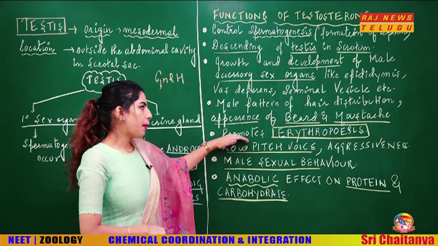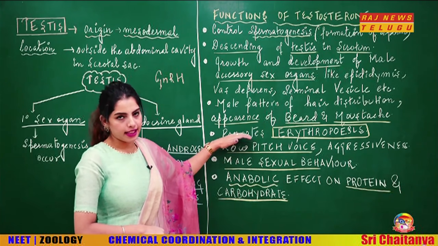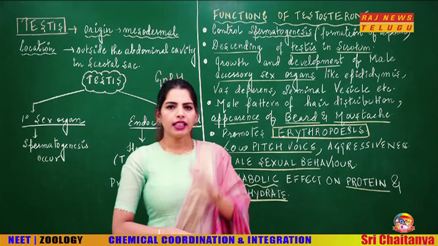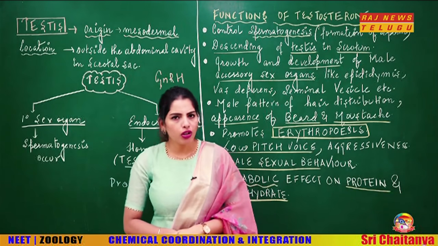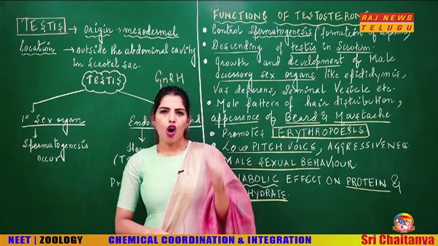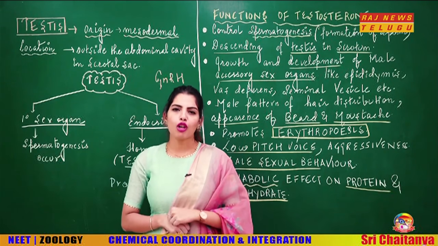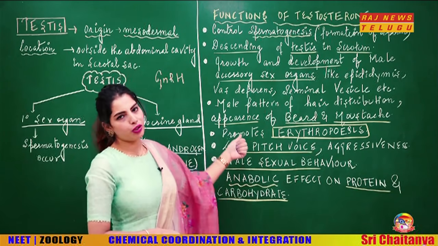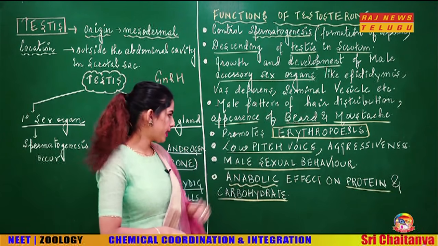Next, erythropoiesis. Yes, androgens are also responsible for increase in the RBC number. Can you recall some of the hormones that I already mentioned that also promote erythropoiesis? Hormones like cortisol, thyroxine, and androgens also promote erythropoiesis.